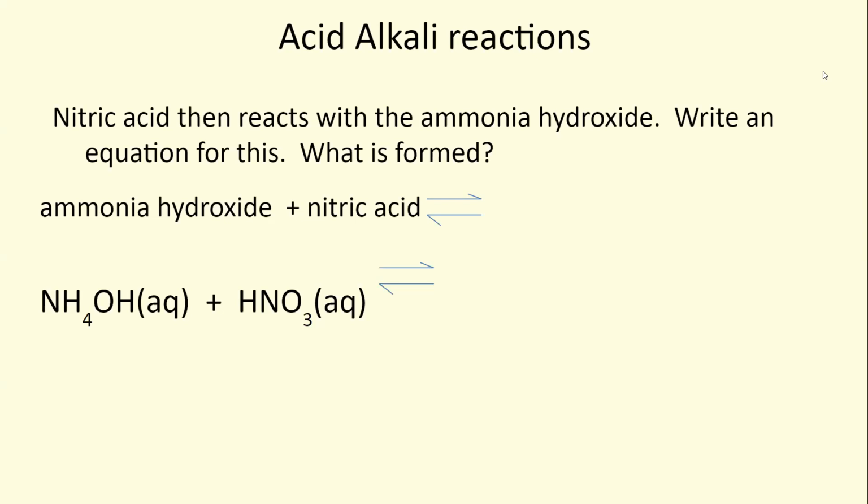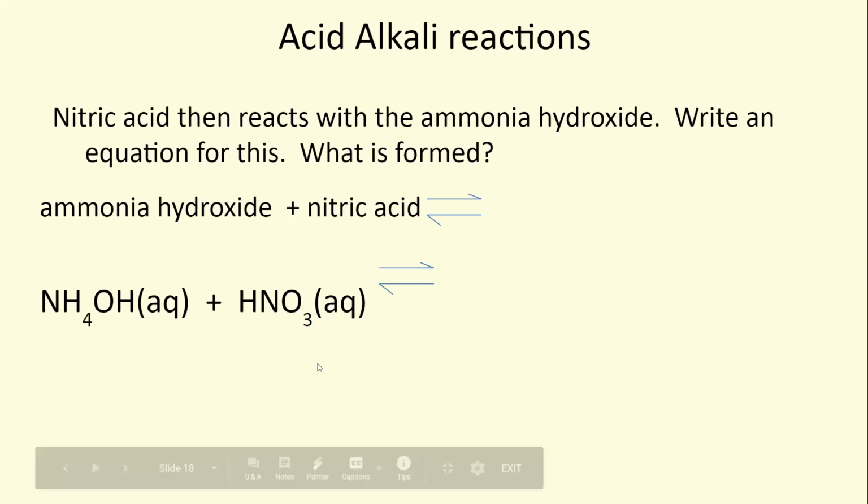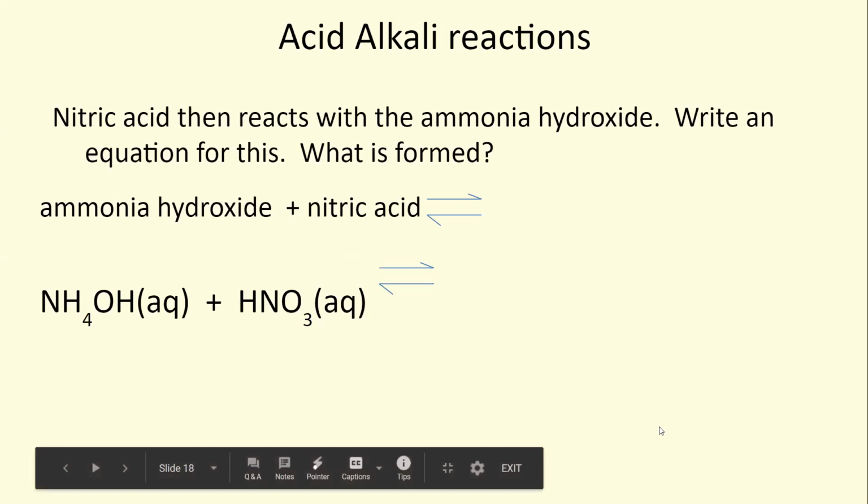Okay, so some people are asking, why are we talking about ammonium nitrate? Well, maybe that's one of the products that might get formed. So remember, when we're naming salts, we take the name of the positive ion, and the ammonium hydroxide, that's going to be the ammonium, and we take the name of the non-metal from the acid.